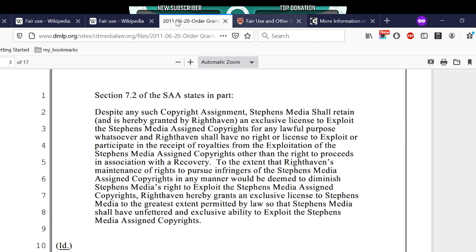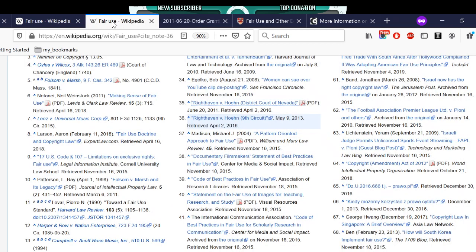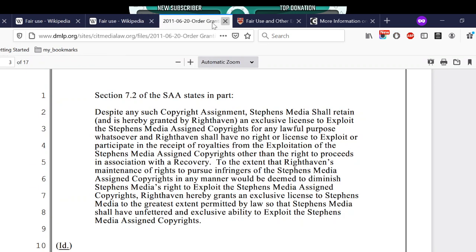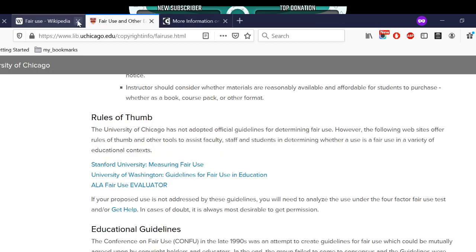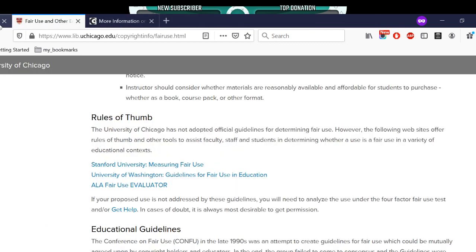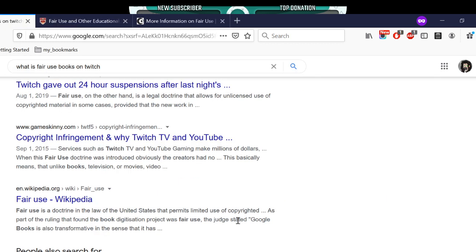Okay, yeah, this all seems to corroborate the story on the Wikipedia page. But unfortunately, the Wikipedia page did not give me information that would help me in determining whether reading a book to you all on stream is fair use or not. So, we'll have to think about that some more.